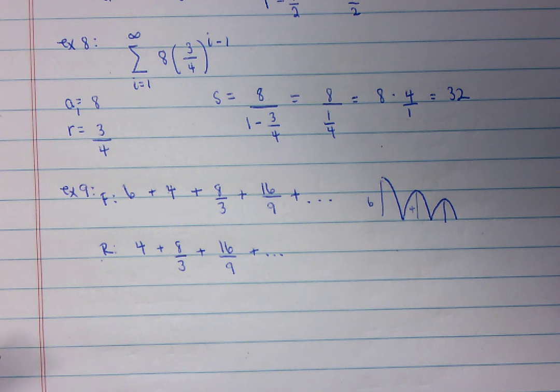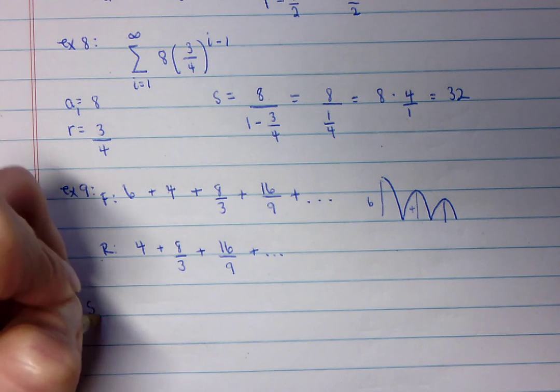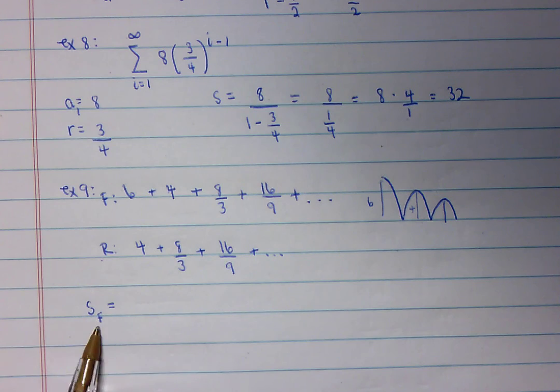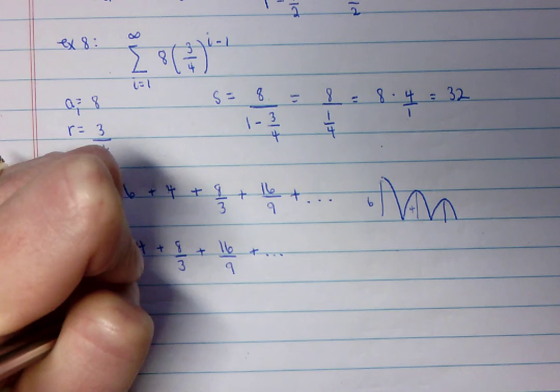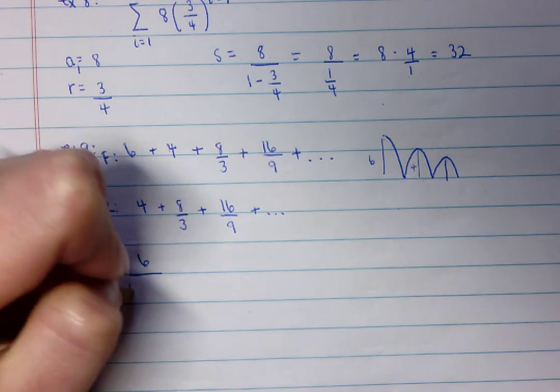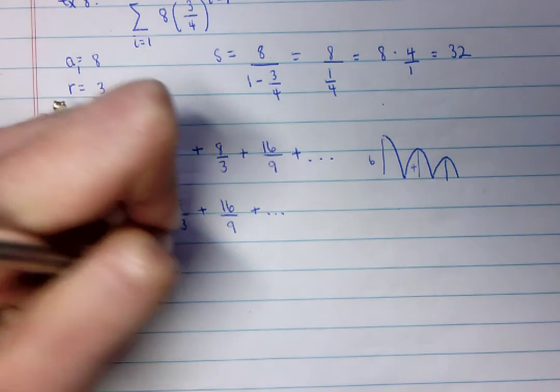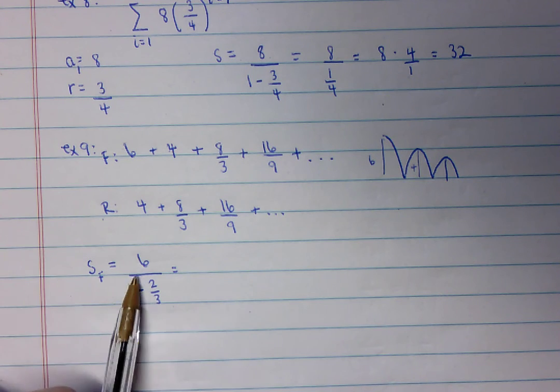Each of these series is an infinite geometric series, and they both have a ratio of 2/3. They just have different beginning terms. So let's look at the sum for the fall. This is 6 over 1 minus 2/3, for just the distance of the falling.